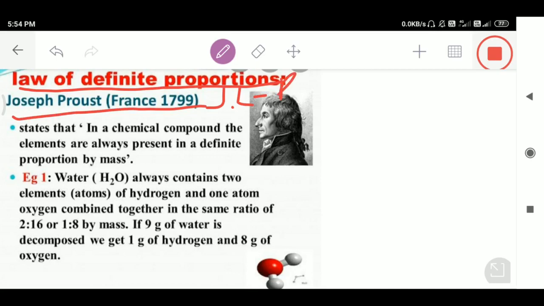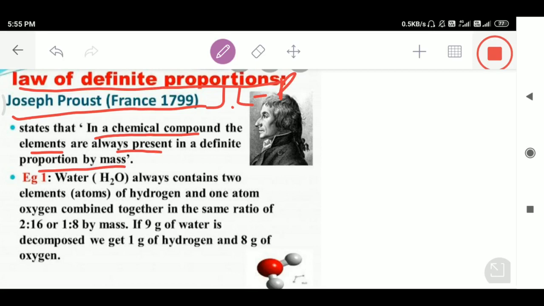In 1779 he gave a law known as the law of definite proportions, also known as the law of constant proportions. According to this law, in a chemical compound, the elements are always present in a definite proportion by mass.